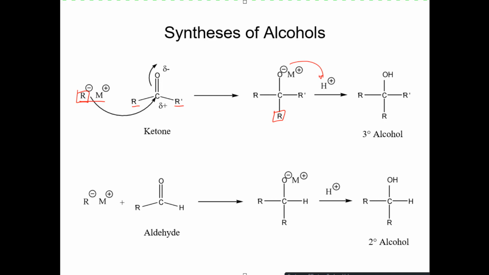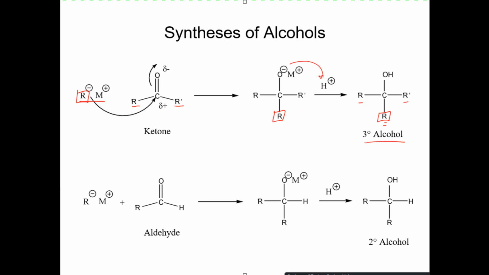So if you react a Grignard or an organolithium compound with a ketone, you end up forming a tertiary alcohol where two of the groups came from the ketone and the third group came from the Grignard. And we'll talk about thinking about this reaction in reverse here in a few minutes.